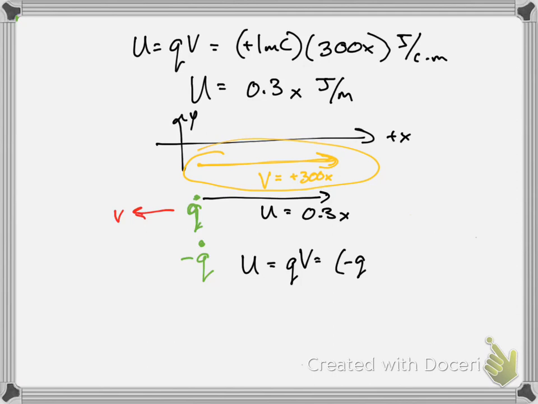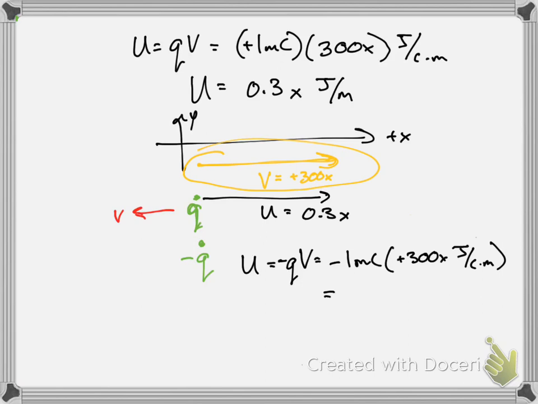Maybe I could have given these subscripts, but let me just do it this way: minus QV, rather than making two different variables. And so we've got minus 1 millicoulomb times plus 300x joules per coulomb meter.